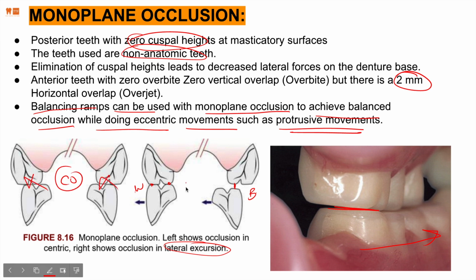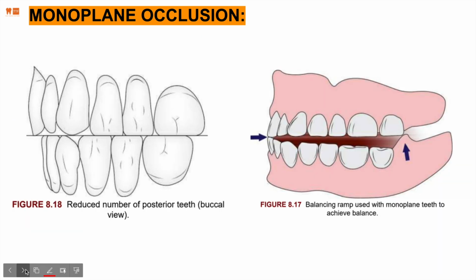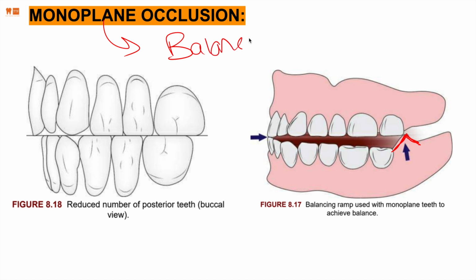But in movement, in function, the balancing side doesn't have contact. So we will use something known as balancing ramps to compensate for that. And what are balancing ramps? It's this right here. This is a balancing ramp in monoplane occlusion only. So monoplane occlusion, balancing ramp.